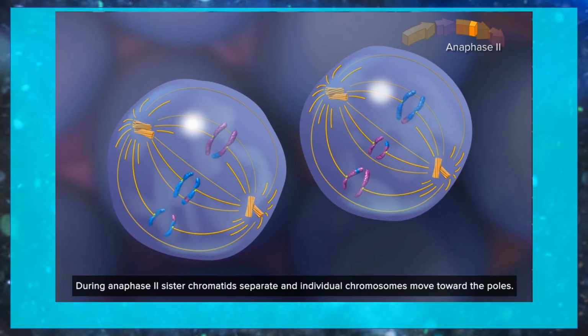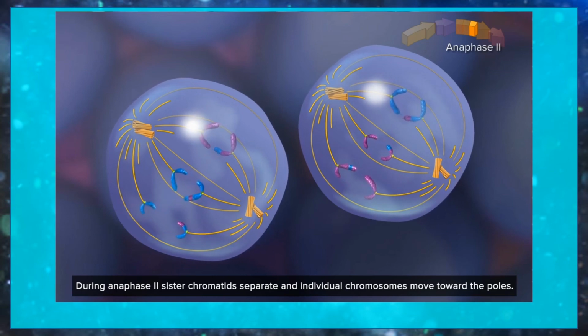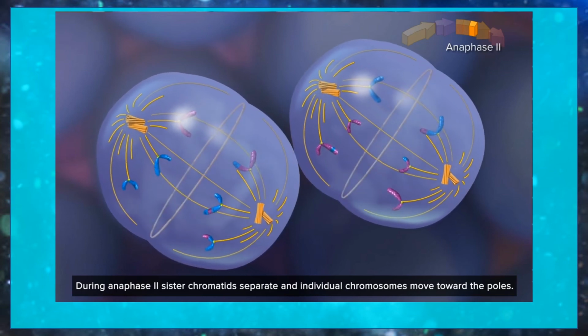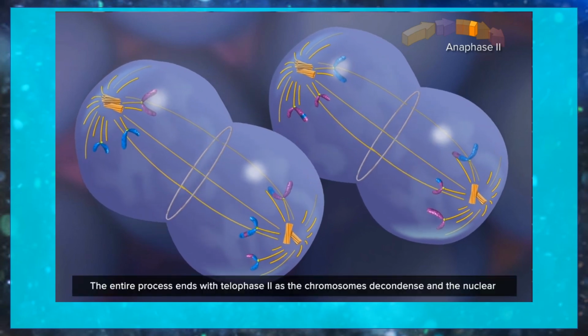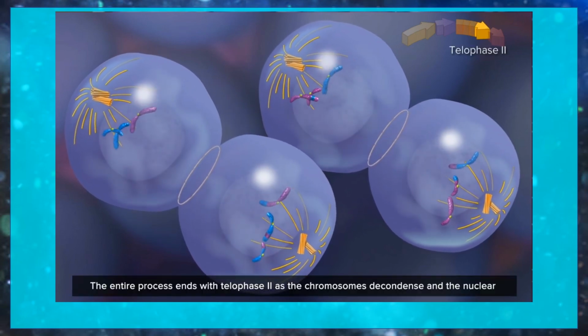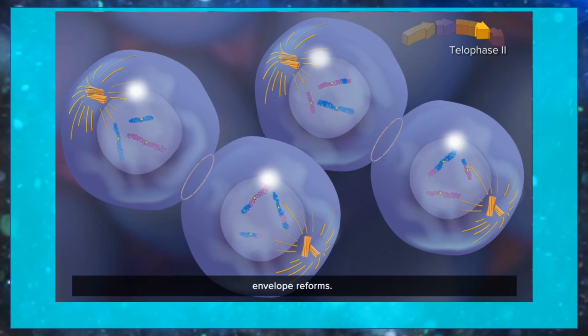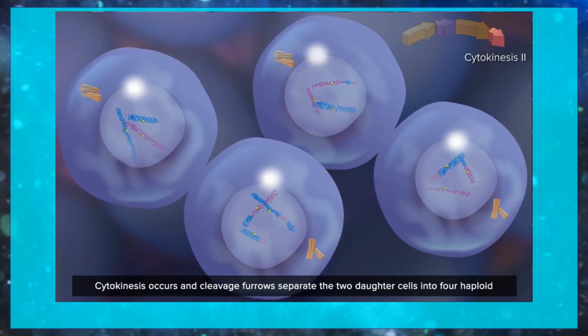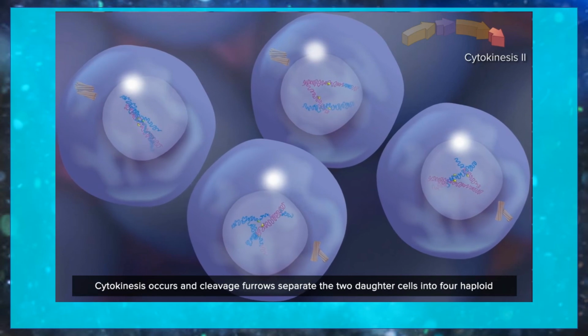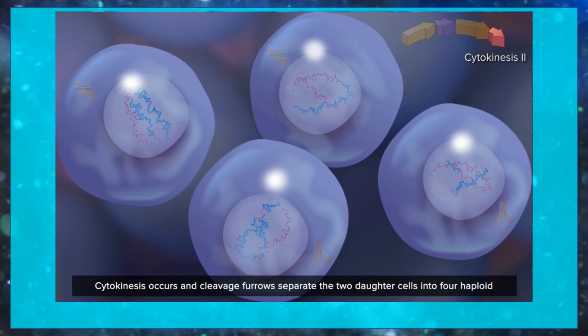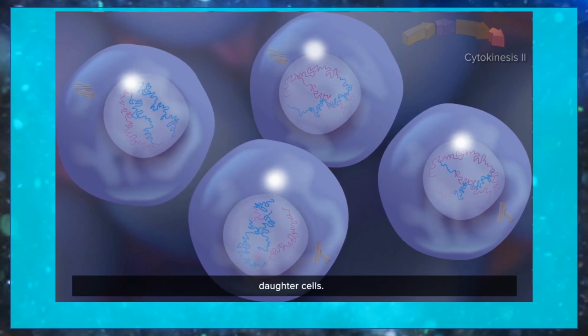During anaphase II, sister chromatids separate and individual chromosomes move toward the poles. The entire process ends with telophase II, as the chromosomes decondense and the nuclear envelope reforms. Cytokinesis occurs, and cleavage furrows separate the 2 daughter cells into 4 haploid daughter cells.